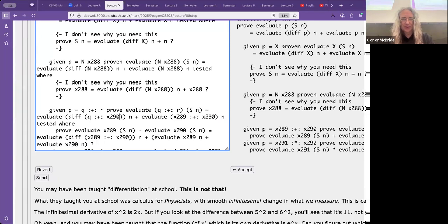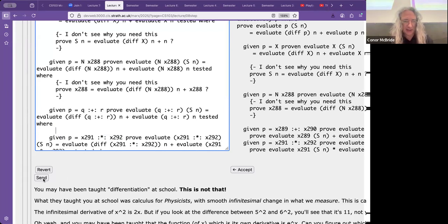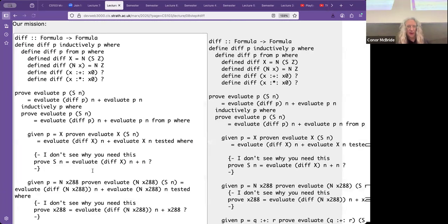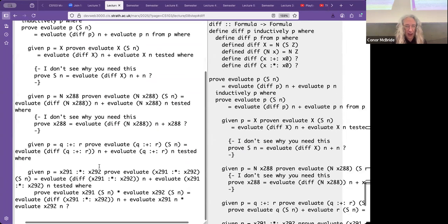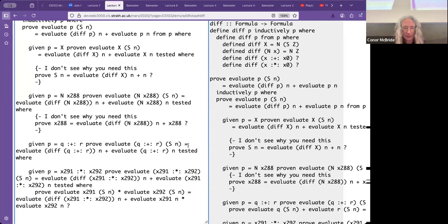Right. So let's see if we can get this behaving more nicely. Right. I'm going to delete this. I'm going to try not to press back. Instead, I'm going to try and press send. And that is more like it.